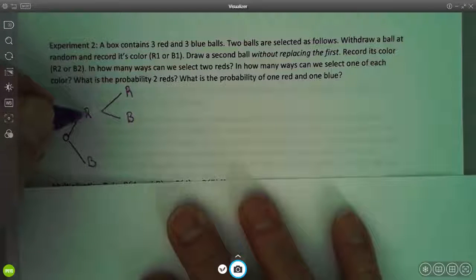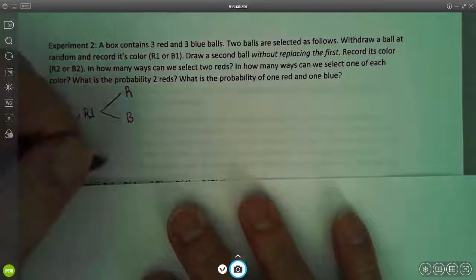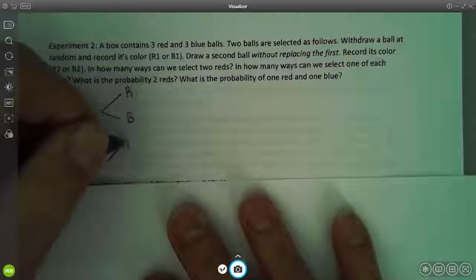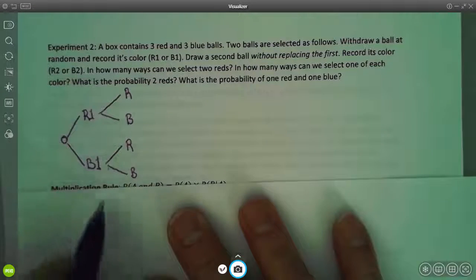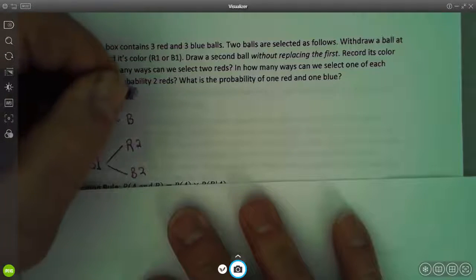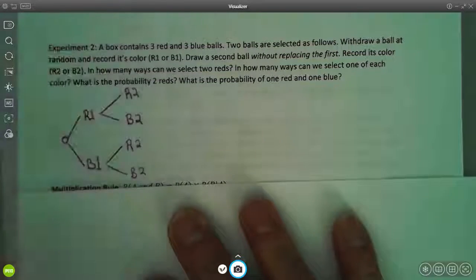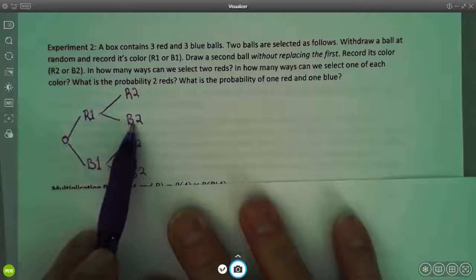And instead of getting a red on the first, it might be that you get a blue on the first. And then you could get a red or you could get a blue. But notice these are on the second draw, so we call those R2, B2. So red on the first, red on the second, red on the first, blue on the second.